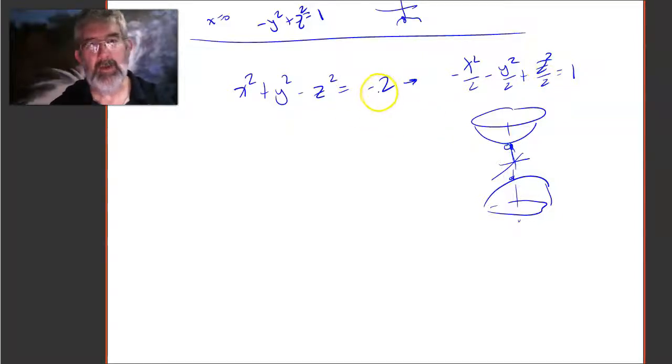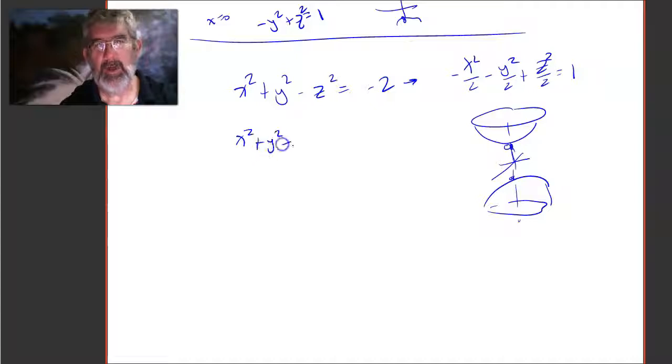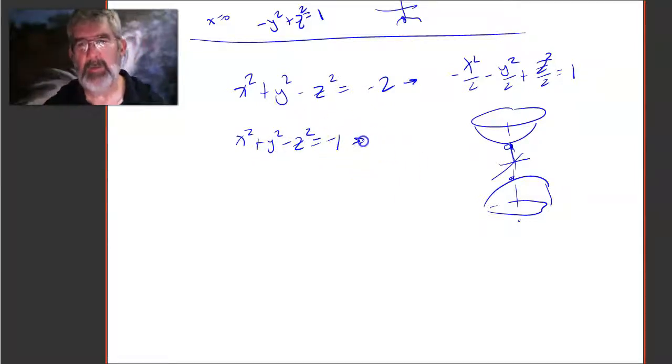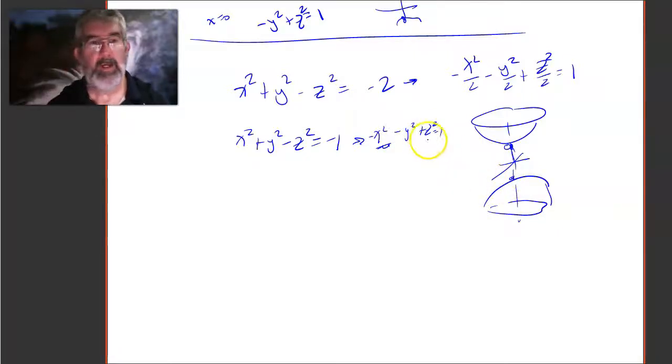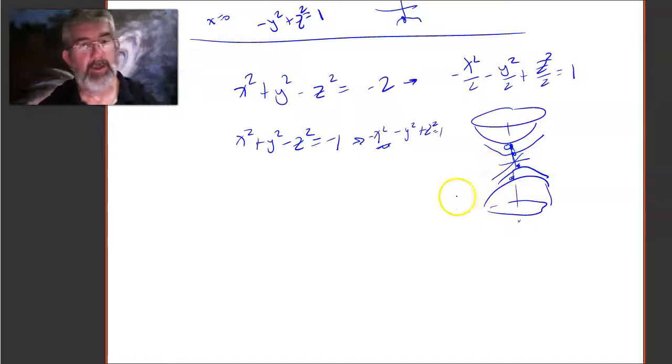As I change this now to say -1, x squared plus y squared minus z squared equals -1, dividing by -1 gives me minus x squared minus y squared plus z squared equals 1. Now, rather than being up and down the square root of 2, it's only up and down 1. So this is a hyperboloid of 2 sheets that's got the 2 sheets a little closer together.